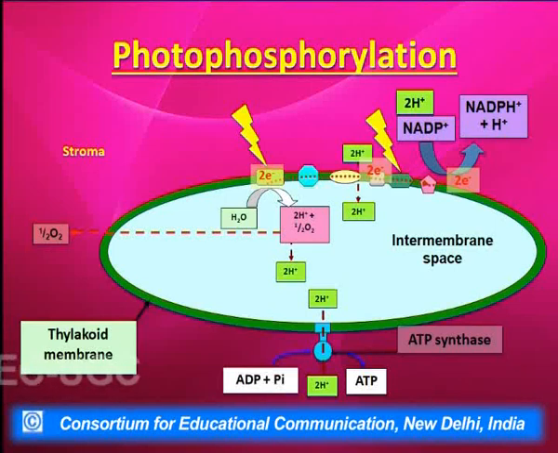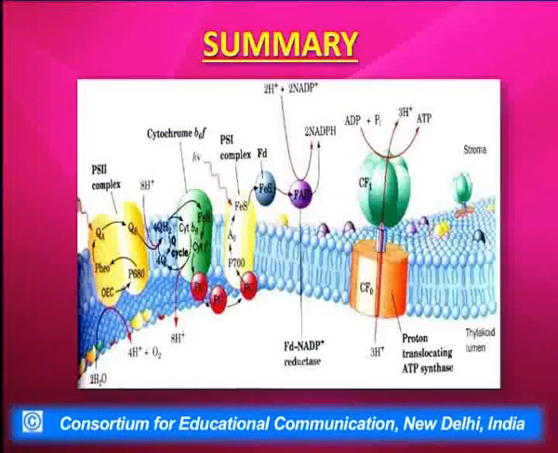Protons are inside the lumen, which we call the intermembrane space, of the thylakoid membrane. On the outer side, we have 2 sites where PS2 and PS1 are getting energized by sunlight, and the ATP is generated on the stromal side.